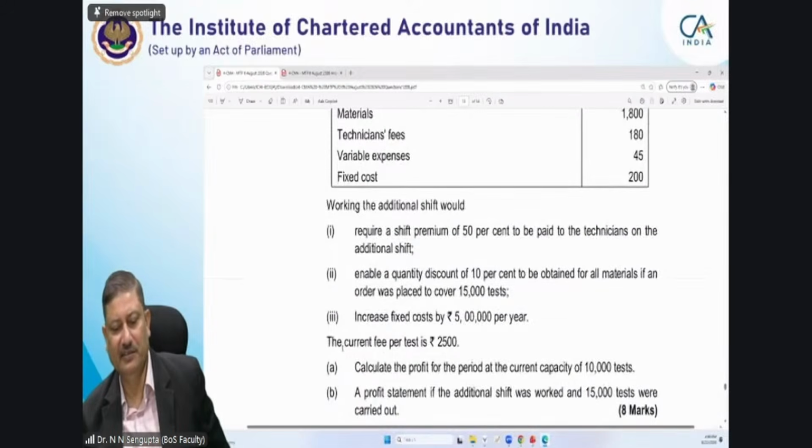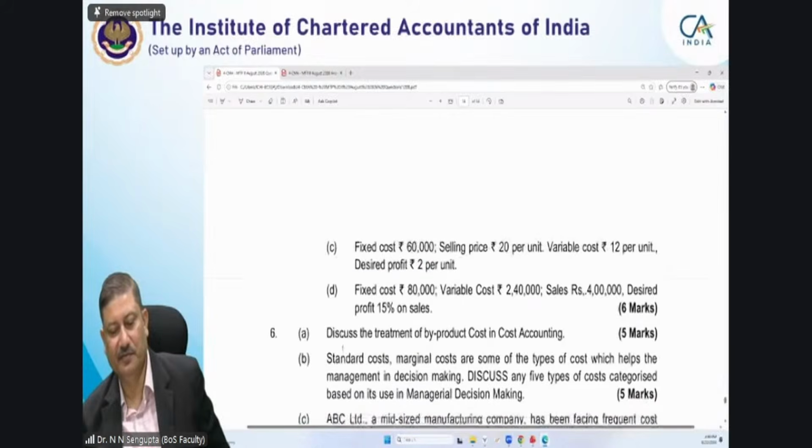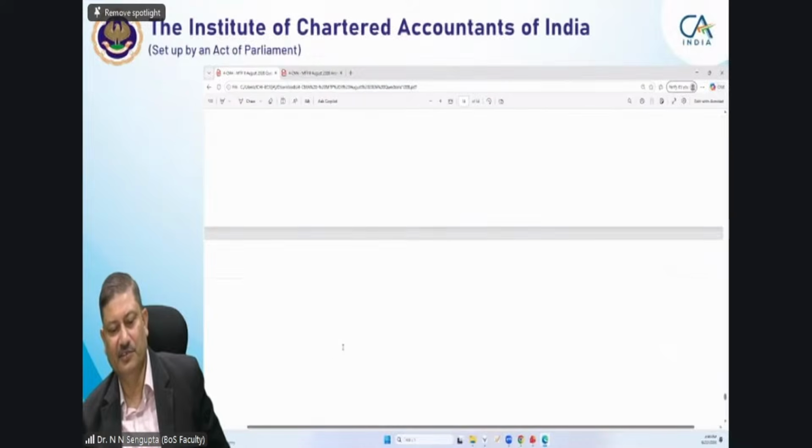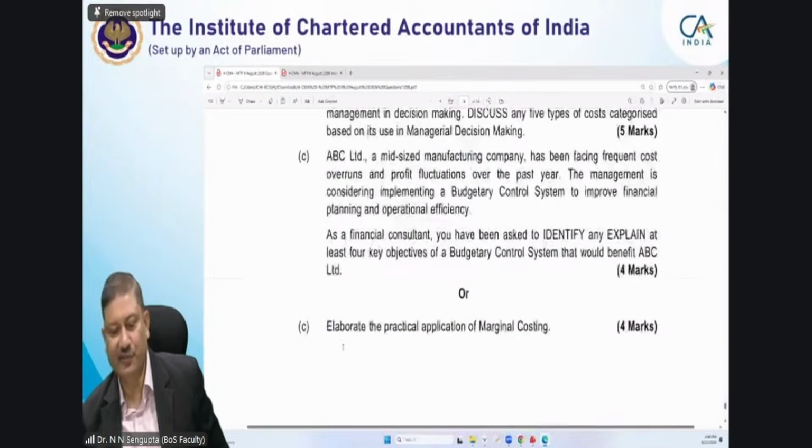Then this is a shift related question, a very interesting question, and some standalone small marginal costing questions, then certain interesting theoretical questions as well.